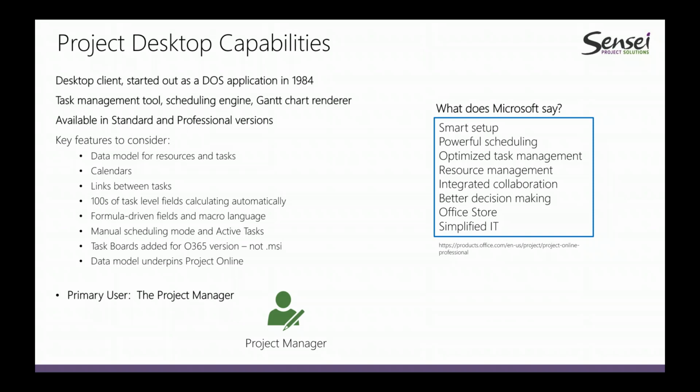Now, Microsoft is positioning Project, and their latest marketing pieces are talking about smart setup, powerful scheduling, optimized task management, resource management, integrated collaboration. Those are all pointing at specific features that the desktop has. And so we'll talk about that.